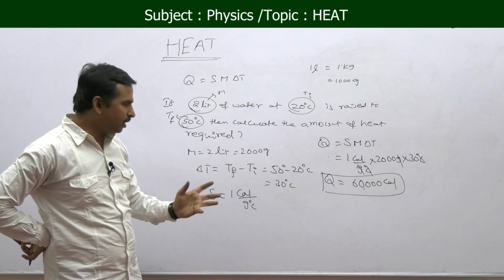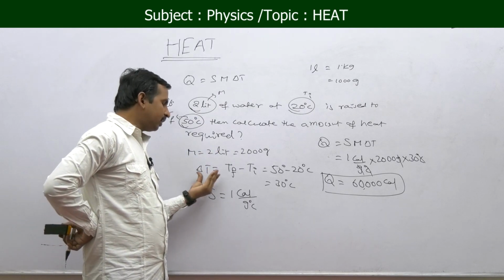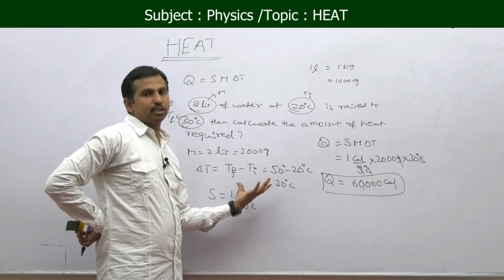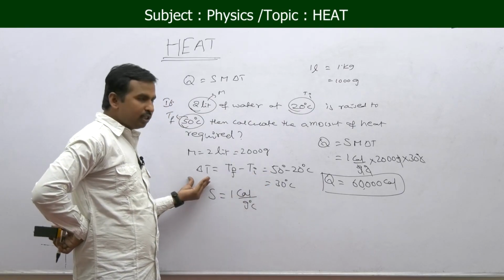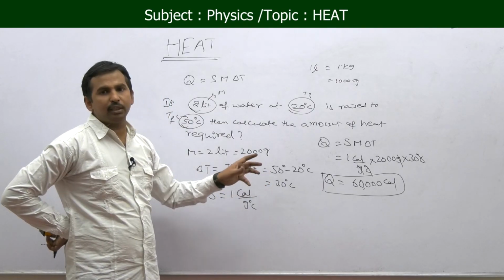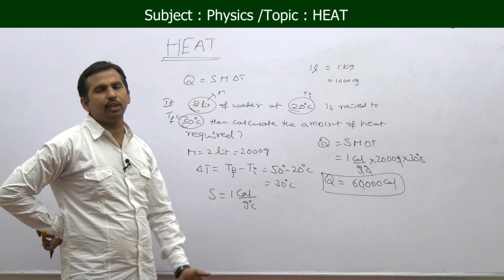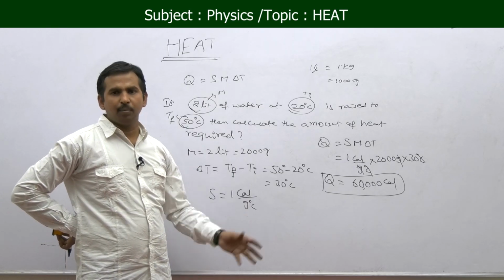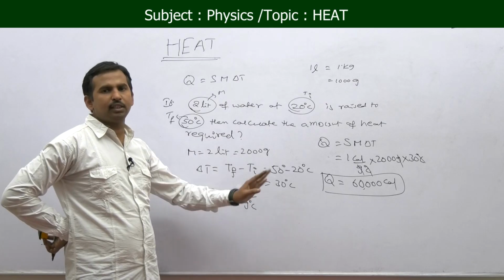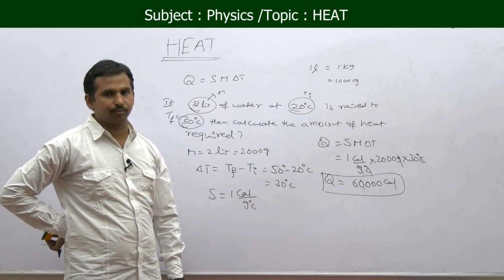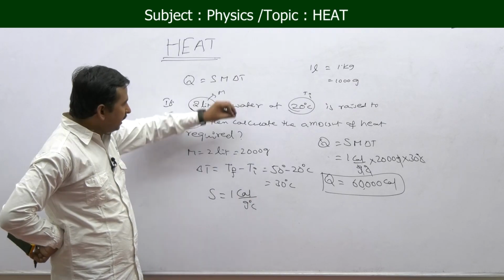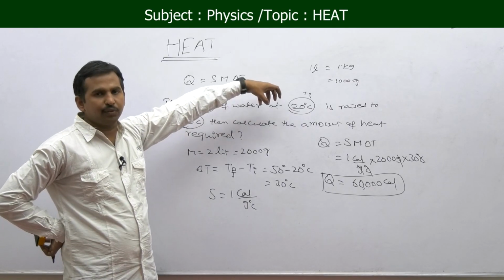It doesn't mean that every time we have to take delta T as final temperature minus initial temperature. Change means we need only the difference between them. You need not follow any signs here, minus or plus. Always that is taken as positive only. For example, here we were taking a rise of temperature.